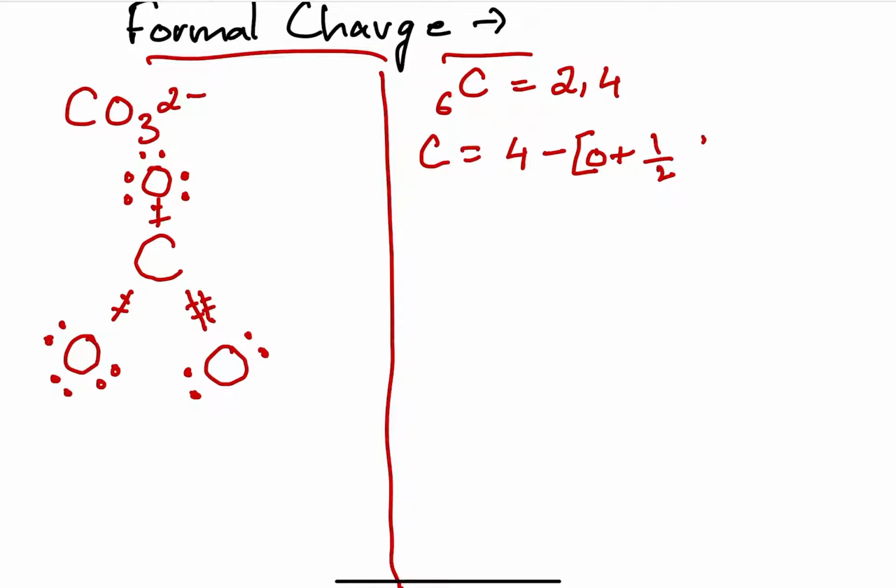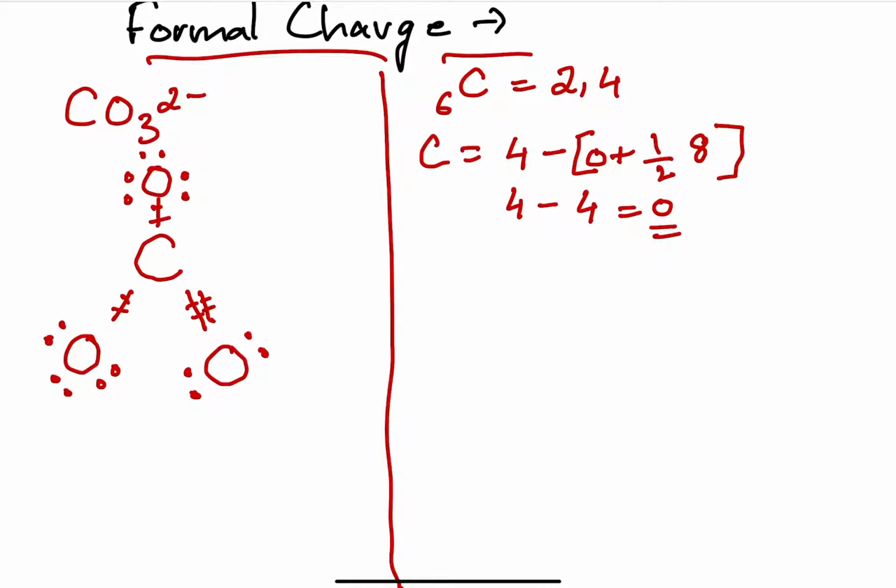So 8 electrons are shared. So 4 minus 4 equals 0. So the formal charge of carbon in the carbonate ion is 0.